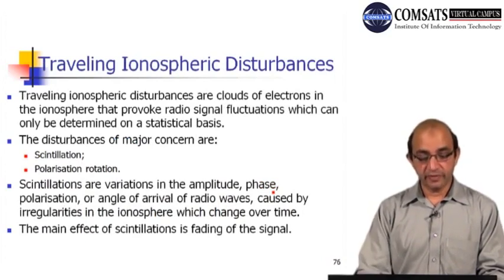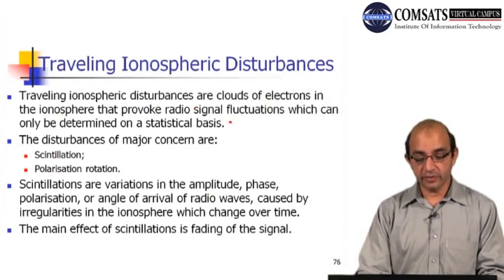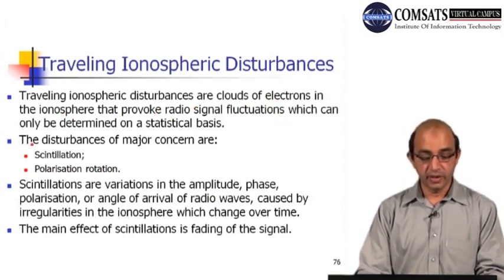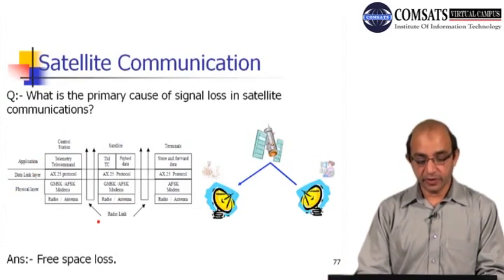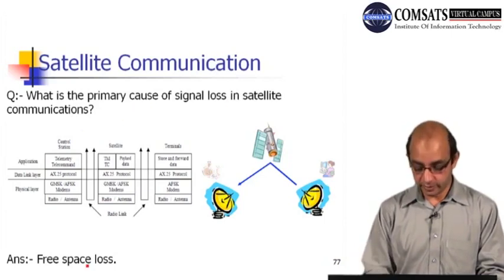Traveling ionospheric disturbances are clouds of electrons in the ionosphere that provoke radio signal fluctuations, which can be on a statistical basis. Okay, so here we have the answer. The primary cause of signal loss in satellite communication is free space loss.